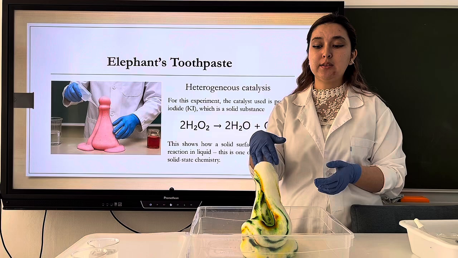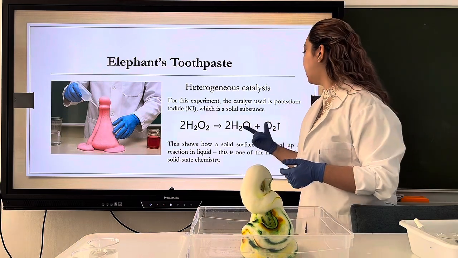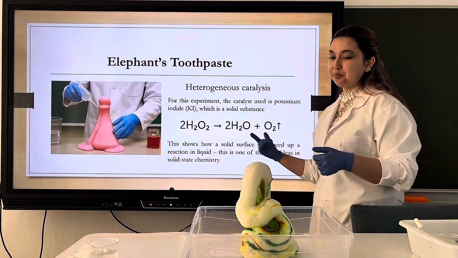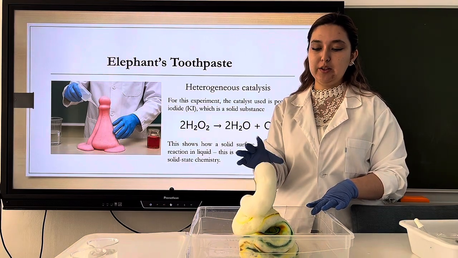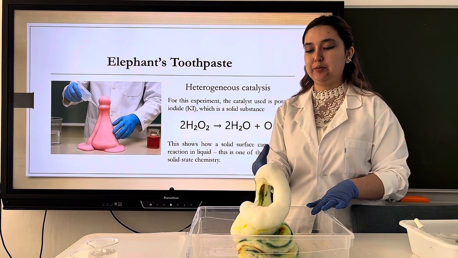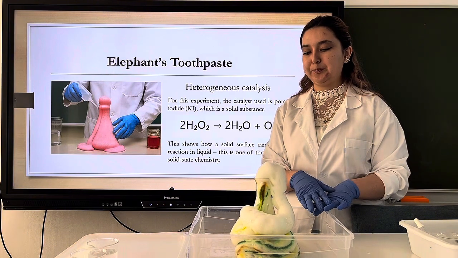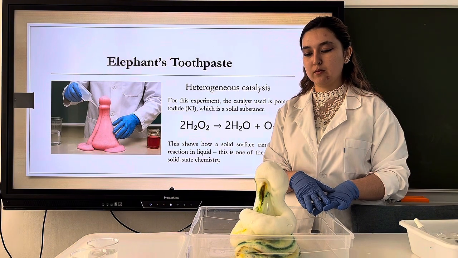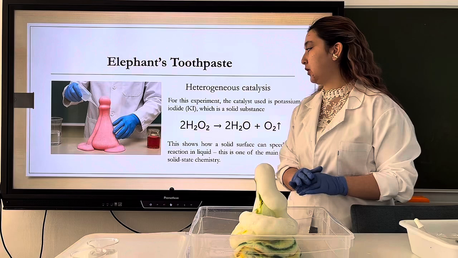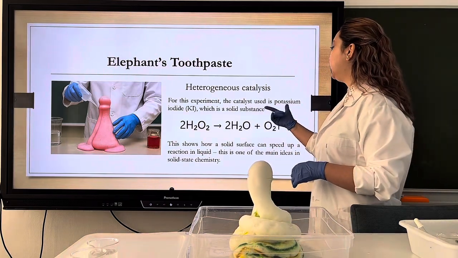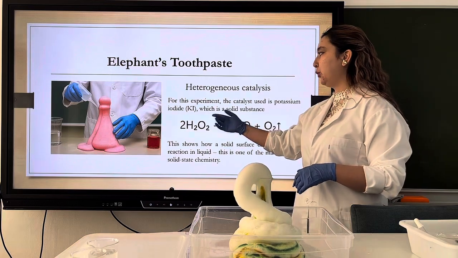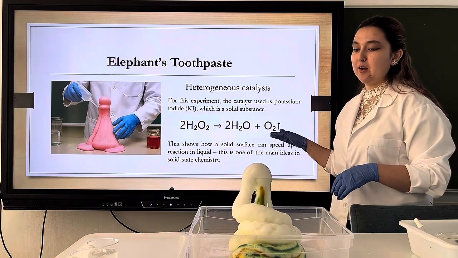So here we can see the produced oxygen in the form of foam. In this experiment the catalyst used is potassium iodide, which is a salt substance.